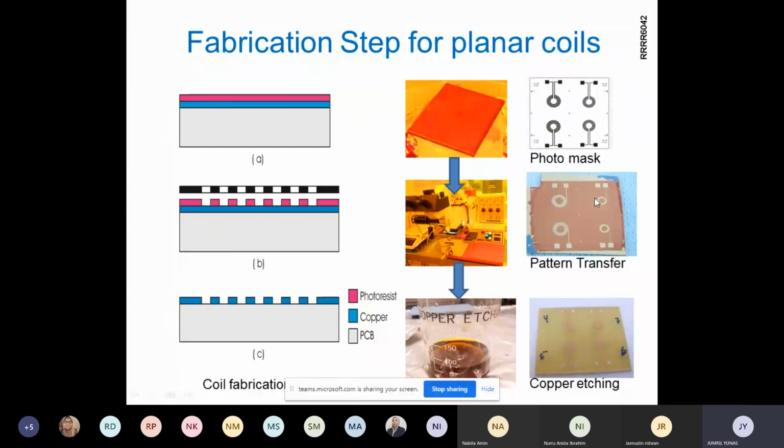This is the photoresist after exposure. So we have the pattern from this photomask. Then we etch using copper etching solution. This is the common process in PCB technique. So we have this copper structure on PCB.